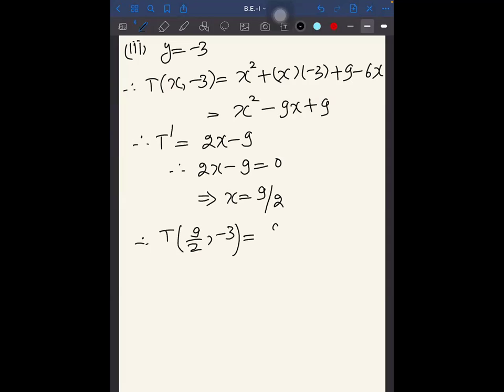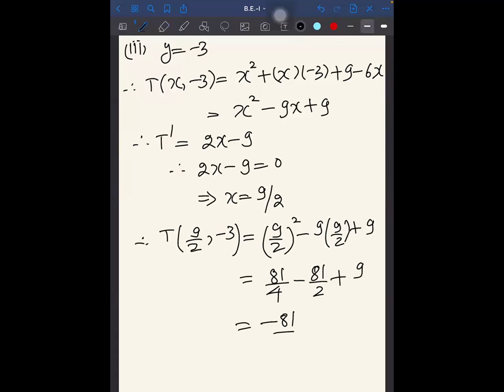So that becomes 9 by 2 square minus 9 into 9 by 2 plus 9. Okay, I mean put this in the equation, right? So 81 by 4 minus 81 by 2 plus 9.